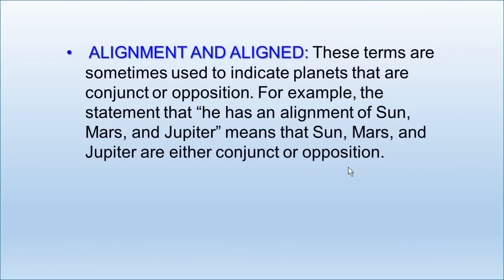Okay, I think I will pick up with this term in the third of the series of videos on terminology and notation, because we're alignment and aligned, because there's a specific planetary configuration where we use those terms. So let's pick up with this in the third video in this series on notation and terminology.